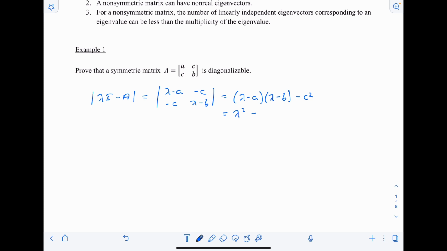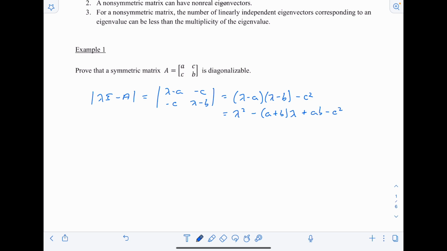I'm going to factor out the lambda and write this as A plus B times lambda, and then minus C squared, because I want this in standard form. Oops, I'm actually missing a term here, aren't I? Because we'd also have a plus AB at the end of that. So we'd have a plus AB and then minus C squared.